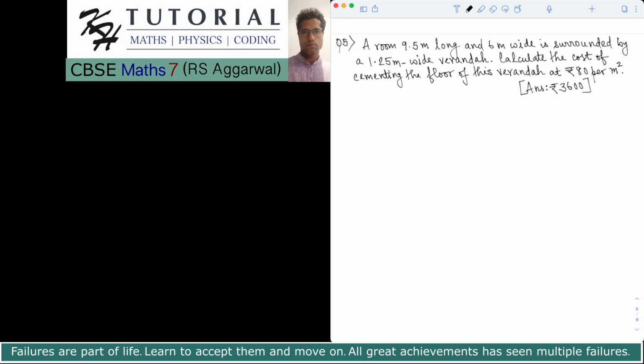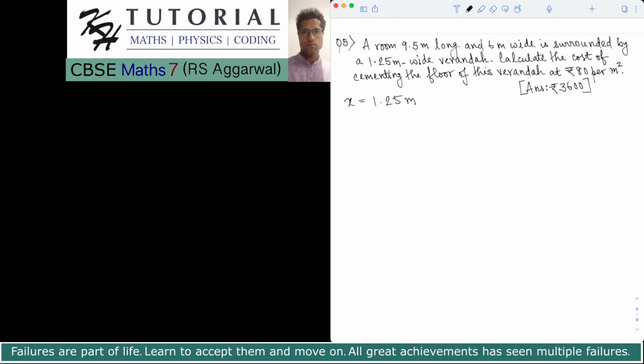Over here I'm not drawing any diagram for this problem. So x is, as we know, the uniform width of the path, and the path in this problem is the veranda, and its width is given to be 1.25 meter.